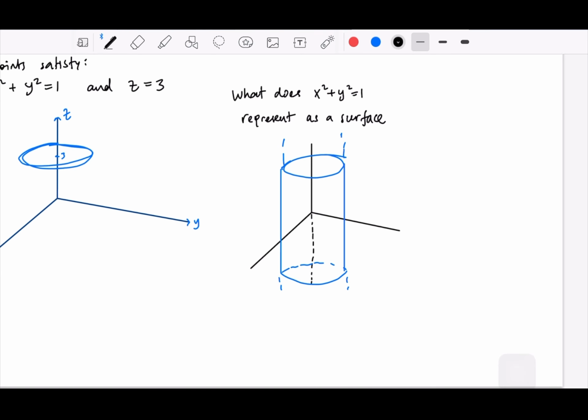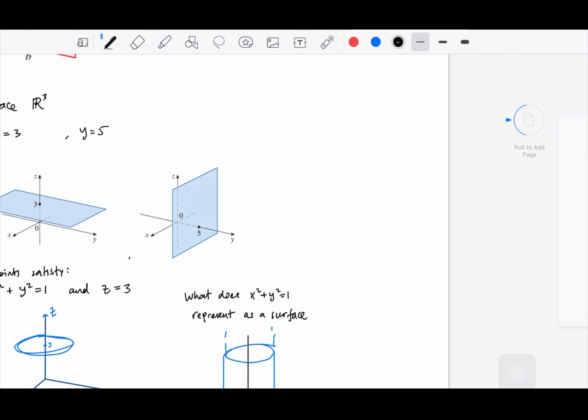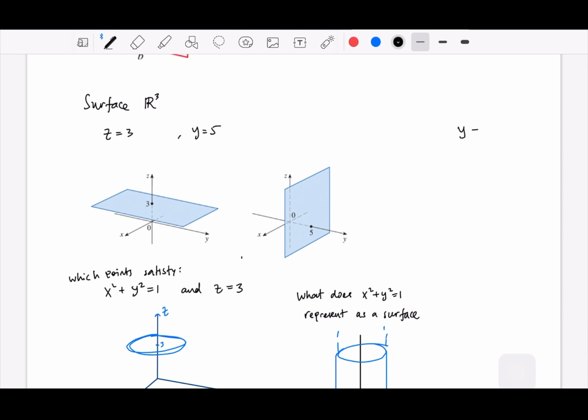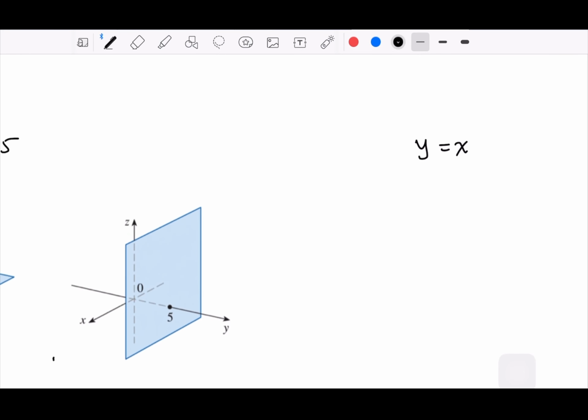Now if I give you y equal x, how can we draw y equal x in the three-dimensional coordinate space? Why do I need to give you all this information?